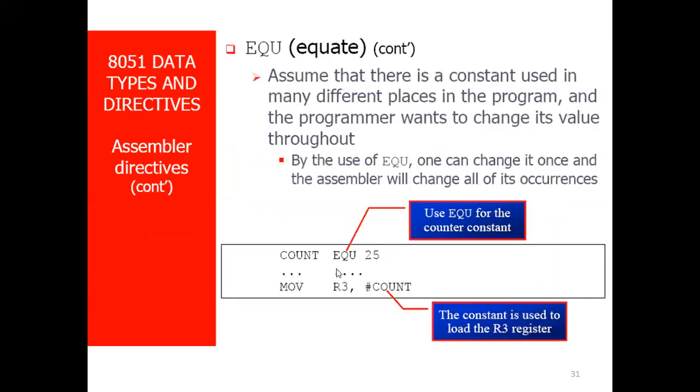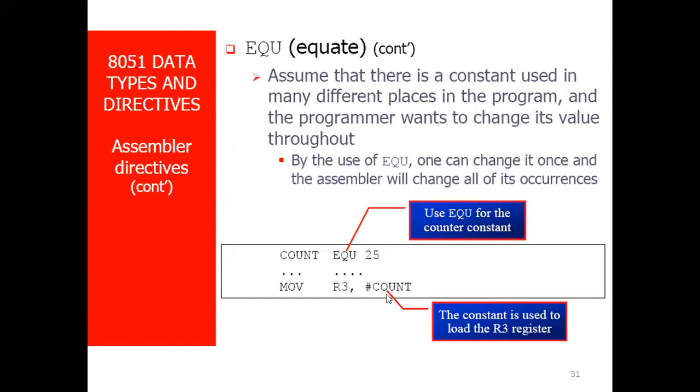As you can see, this is COUNT EQU 25. So we use equate for the constant counter, constant 25. Wherever in the program MOV R3, #COUNT is written, the constant name is given to that.